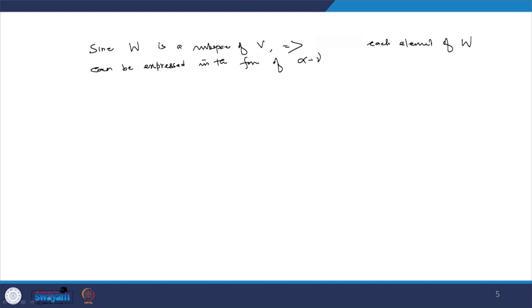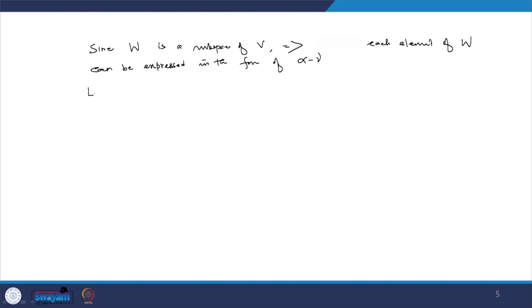I mean, if you pick any element, say t, and alpha belongs to W, then one can write down alpha minus t of that type. So, one can write in this form, please.